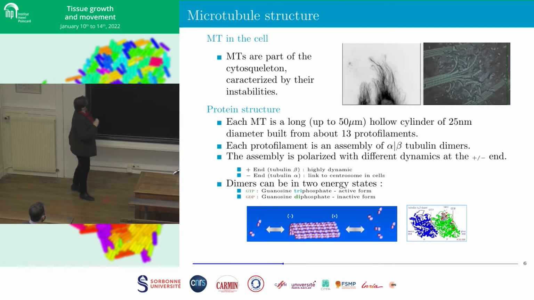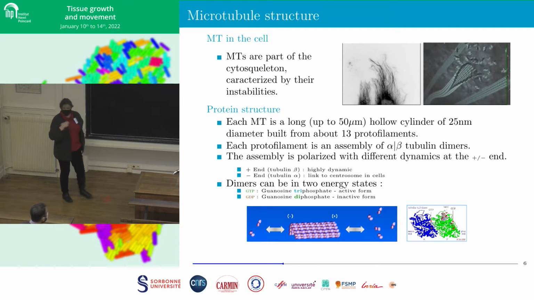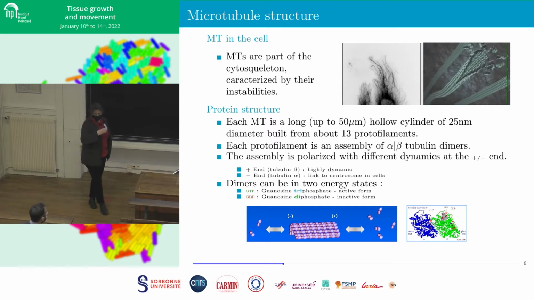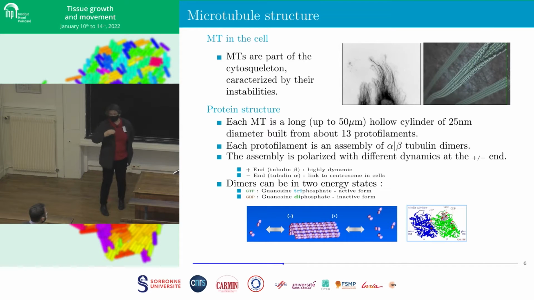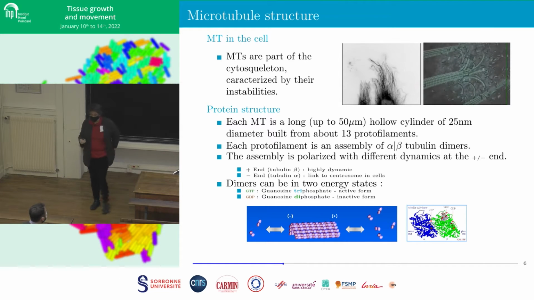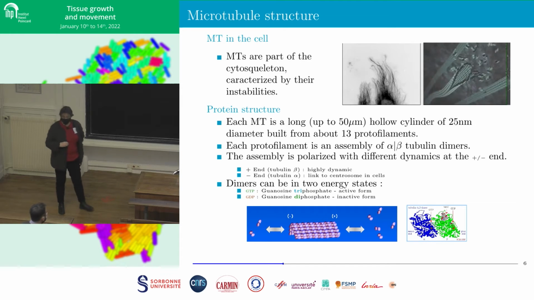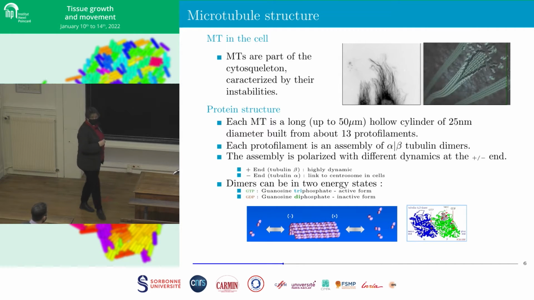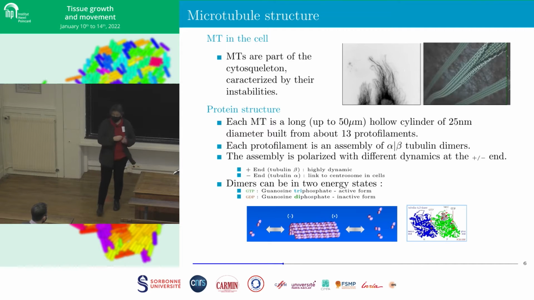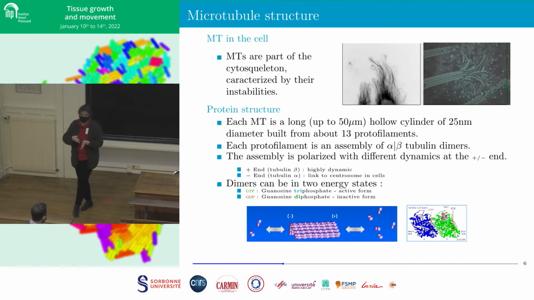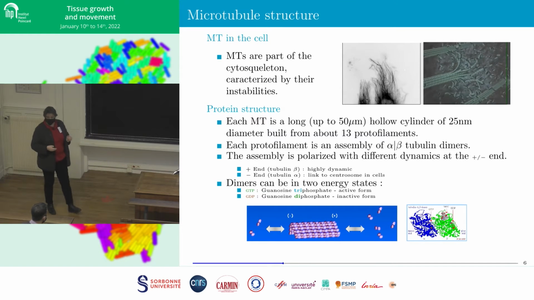So the assembly has a plus end and a minus end. The assembly is always alpha-beta, alpha-beta, alpha-beta. The end made with alpha is called the minus end. In the cells, this end is attached to the centrosome, so it has no dynamics.